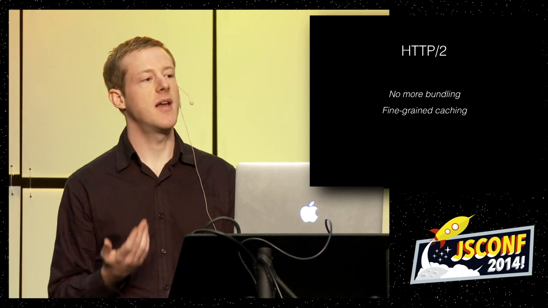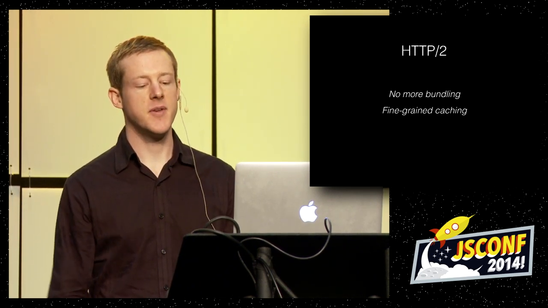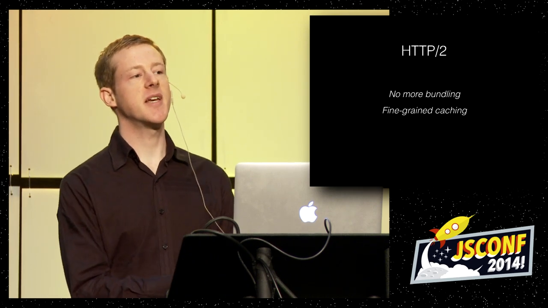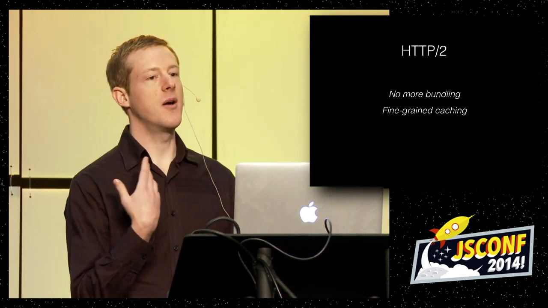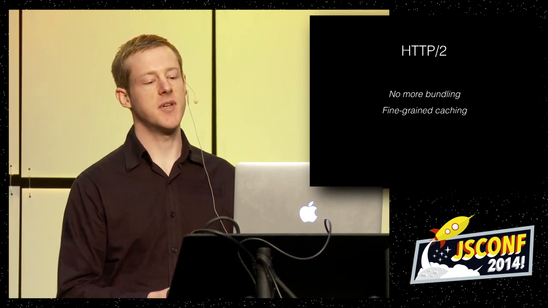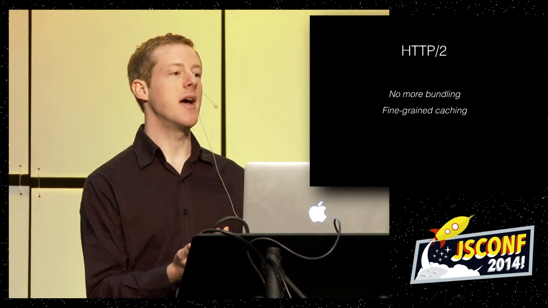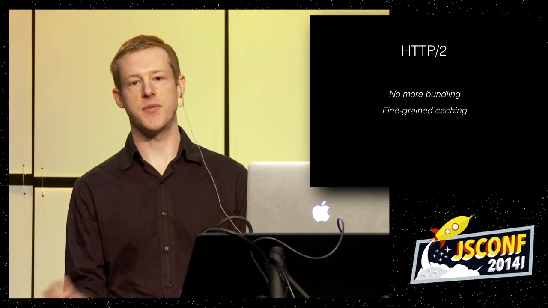And not only will that make our build simpler, but the other benefit you get is fine-grained caching. If you have a large application, you have a build of that application, you have to resend a lot of assets again just when you make a minor change. If you can have fine-grained caching with versioned URLs, you can just update the versions that have changed, and the other assets remain in the cache of your users.